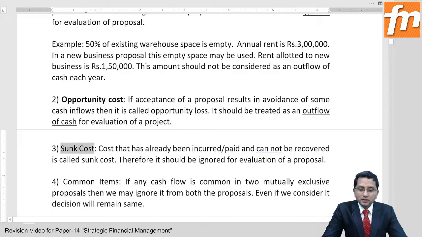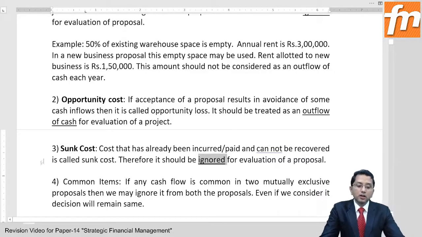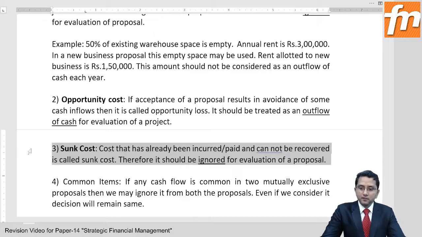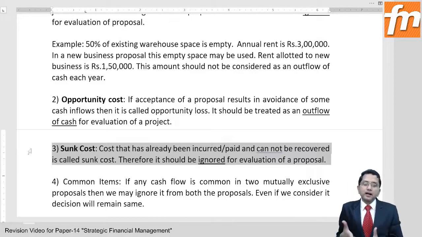Then there is sunk cost. If you have already spent money on something and thereafter you are taking a decision, should I start the project or not? This is the sunk cost and it should be ignored. Say you are a pharmaceutical company and you have spent 100 crore rupees on research of a new drug molecule and you got a success also. Now, if you start production, that's fine.